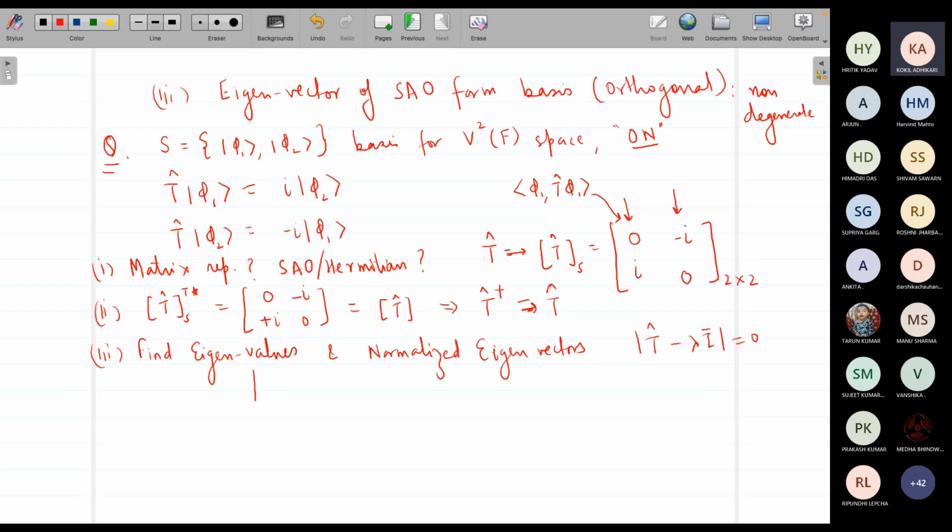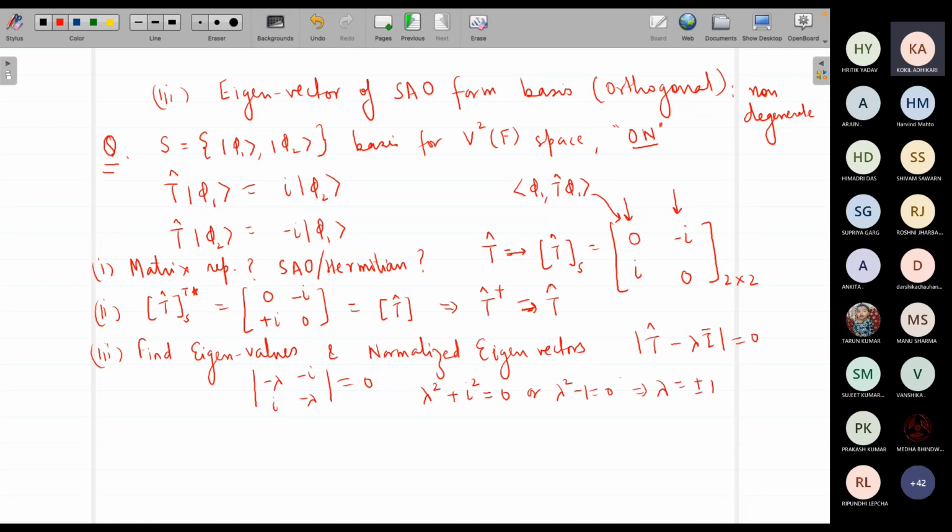That means we solve the determinant of minus lambda, minus i, i, minus lambda equal to 0. Can you quickly do that? So lambda square plus i square is equal to 0, or lambda square minus 1 is equal to 0. Just like you said, lambda will be plus minus 1.